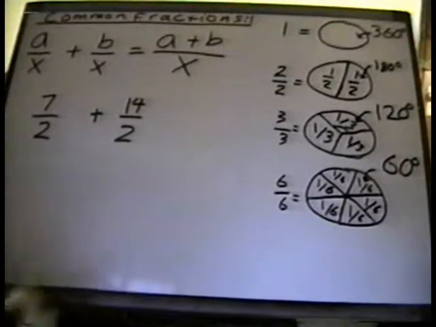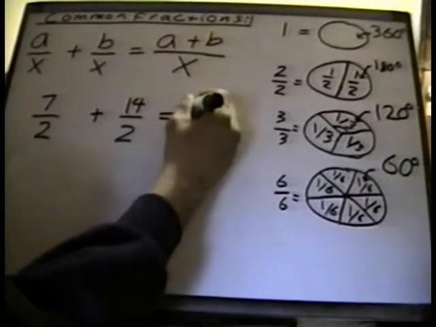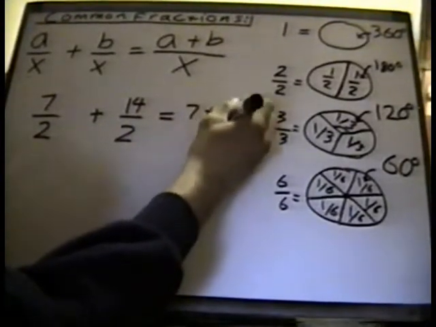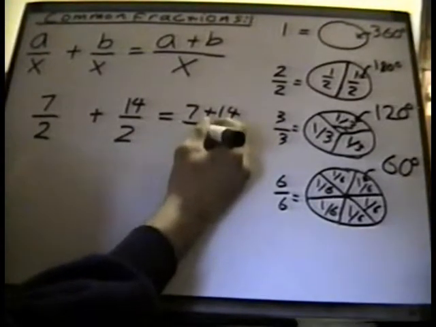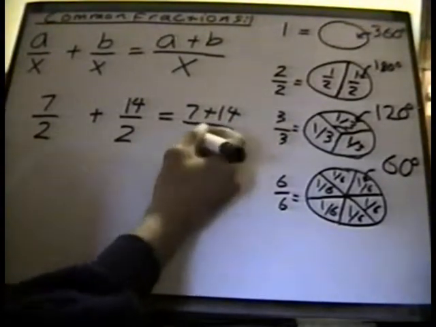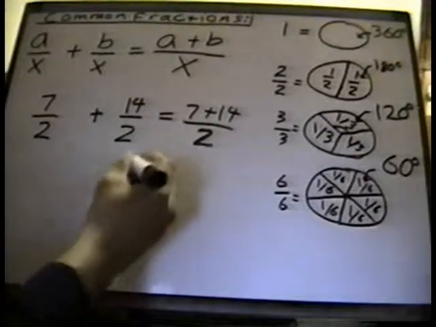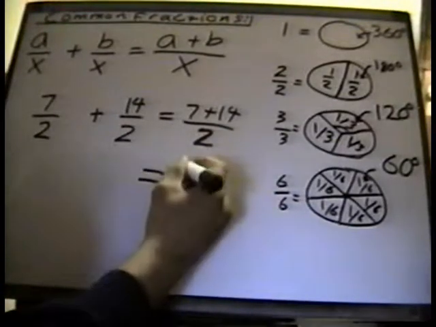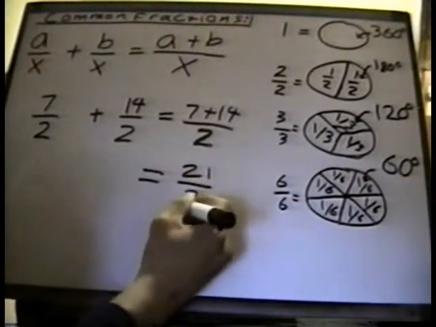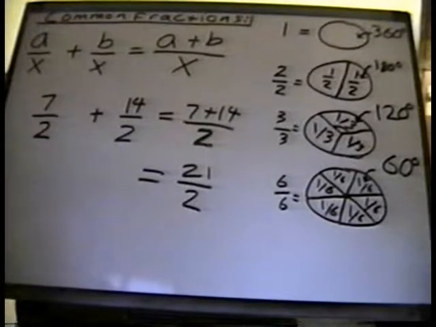Okay? That's going to give us 7 plus 14 halves. 7 plus 14 over 2 will give us 21 halves. Okay? 21 halves.